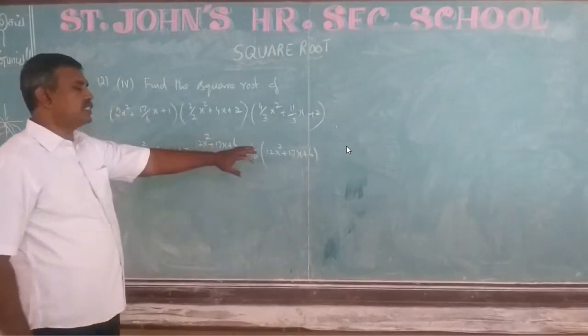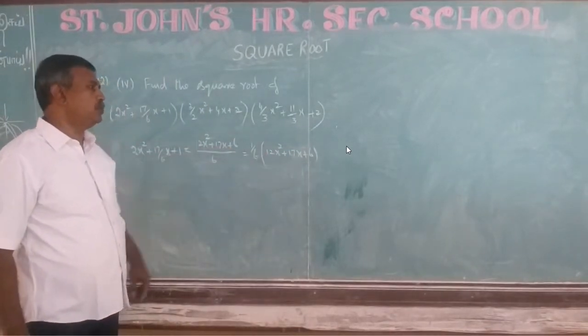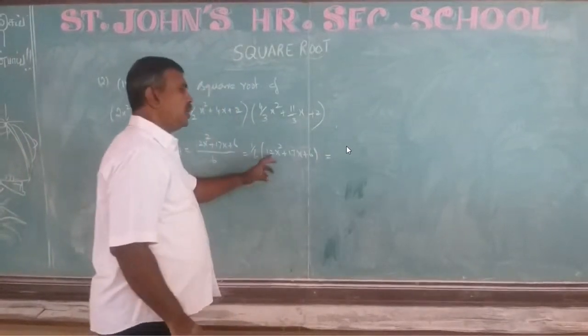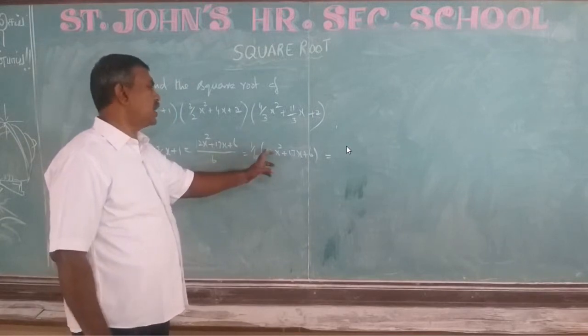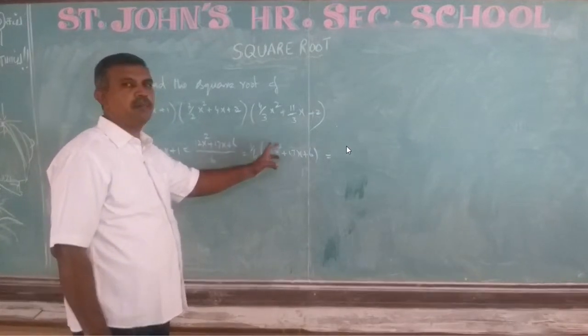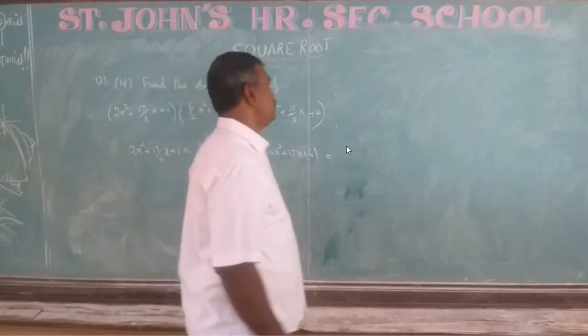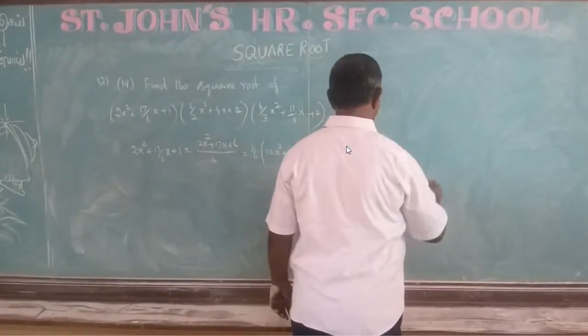Now we factorize this. Apply the T method: multiply the first number and the last number, so 12 into 6, which is 72.